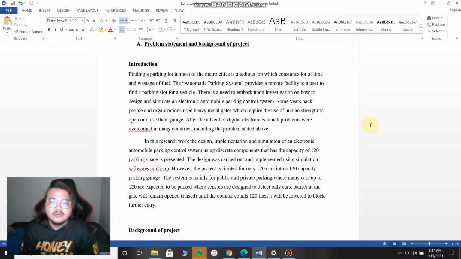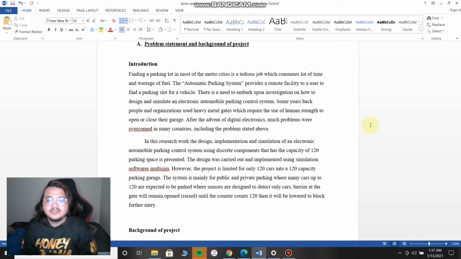There is a need to embark upon an investigation on how to design and simulate an electronic automobile parking control system. Some years back, people and organizations used heavy metal gates which required human strength to open or close their garage. After the advent of digital electronics, many problems were overcome in many countries, including the problem stated above.